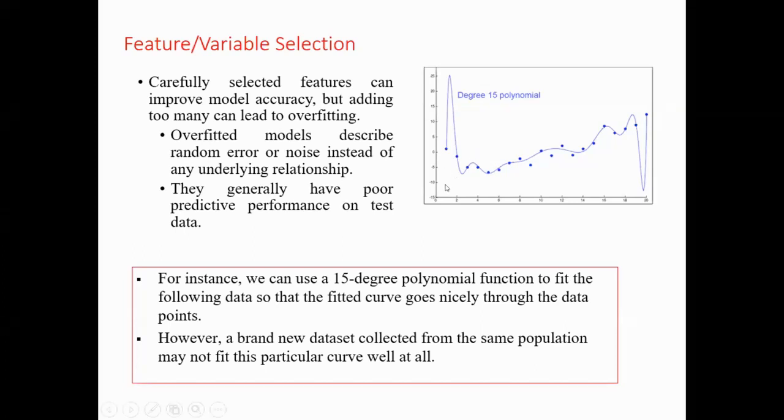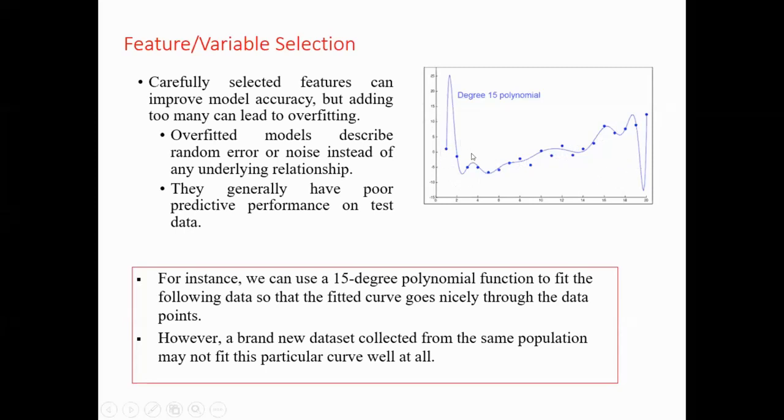For example, in this graph there are 20 data points, represented by the blue dots. Suppose we use some interpolation or regression to fit this data, and we find that it is fitted with a 15-degree polynomial. With the 15-degree polynomial, almost all data satisfy the equation within a small error threshold.